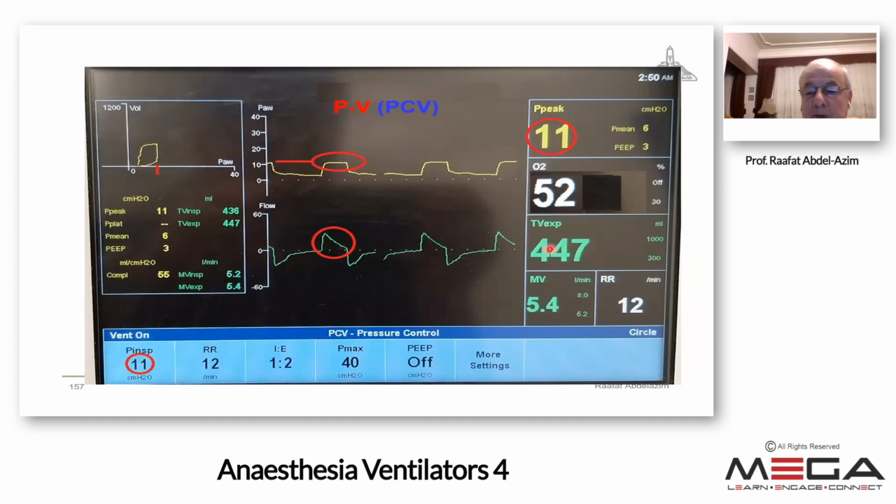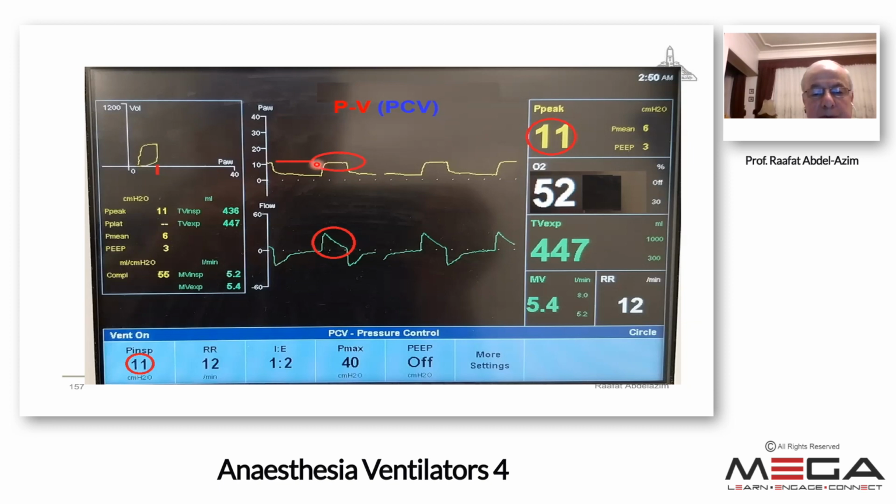So this pressure is the maximum pressure reached. We don't give it the name of peak, because it's not peaked. We don't say maximum because it is a preset value. We can say peak pressure, but actually it is a preset value. The peak pressure is not peaked. It is constant during pressure control ventilation.